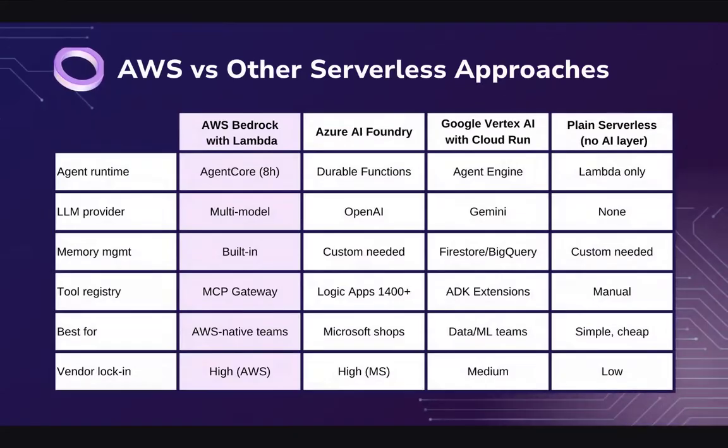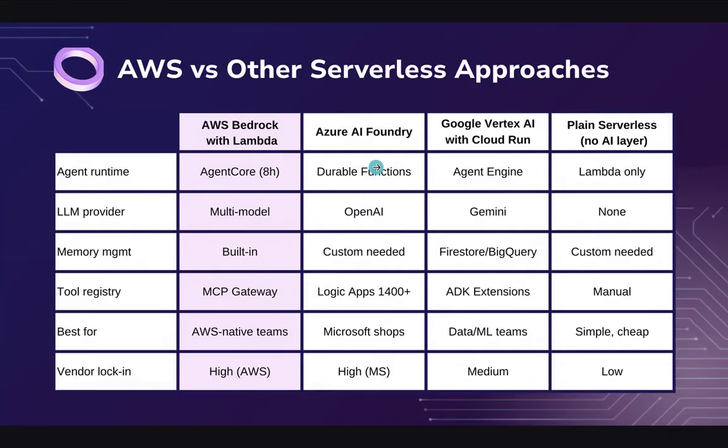For the AWS, compared to other serverless approaches, as you can see, AWS Bedrock with Lambda is what we've been discussing. Its standout feature is AgentCore, a fully managed 8-hour agent runtime with built-in memory. It is multi-model, meaning you can switch between Claude, Llama, and others. It is the best fit for teams already working in the AWS ecosystem.